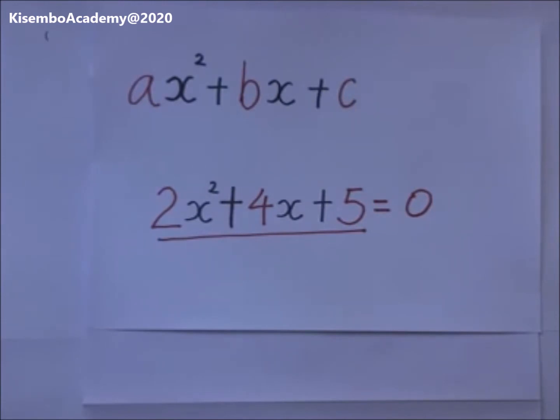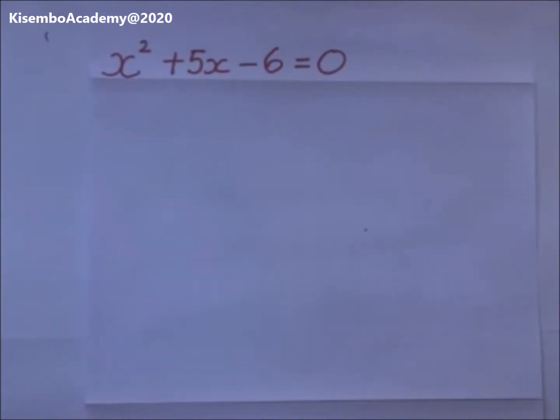When solving them, we are bound to get two solutions, or two values of x, as our answer. These two values of x are what we call the roots of a quadratic equation. Today we are going to see how we get these roots with a few worked examples.